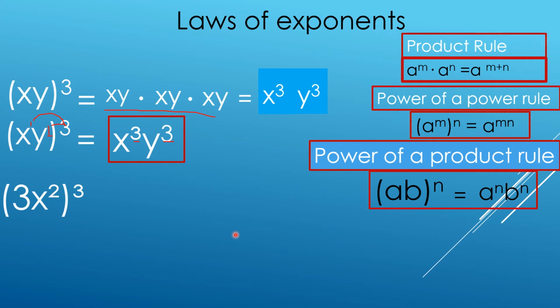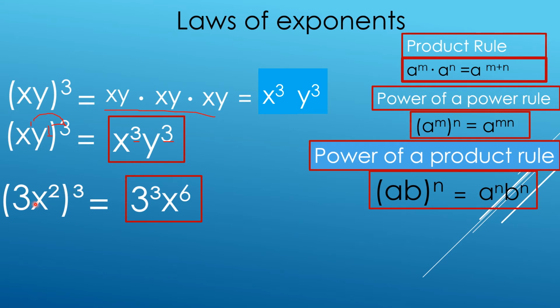So now, if I have the quantity 3x squared raised to the third power, I'm no longer going to expand it like this. Instead, the shortest way is simply 3, understood to have exponent 1, multiplied by the 3 outside, so that is 3 raised to the third power.